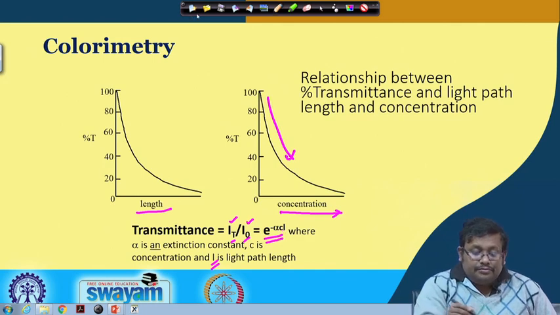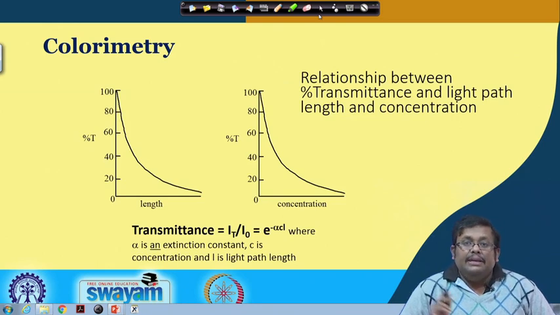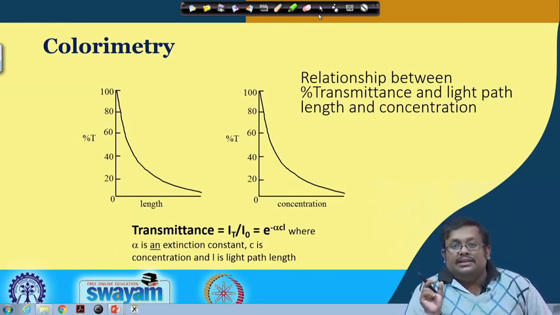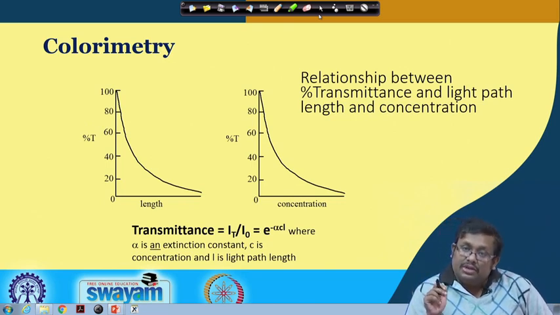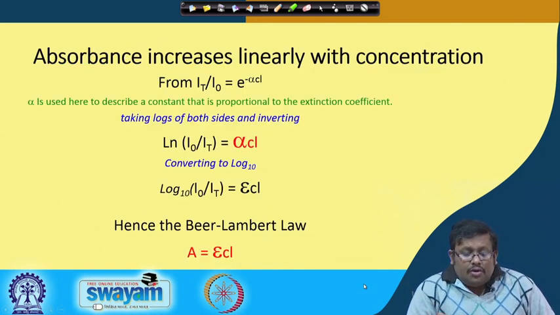One thing is very clear: depending on the path length, that means the width of the cuvette, and the concentration of the chemical within the cuvette, this transmittance will vary. So the absorbance increases linearly with concentration. As the concentration increases, obviously it will absorb more light and transmit less light.